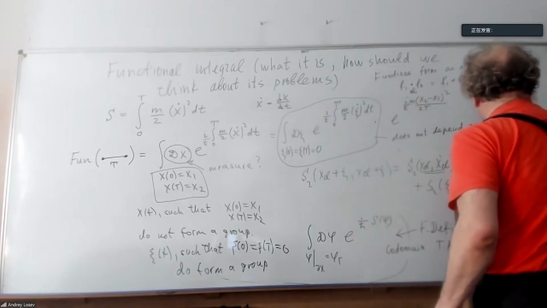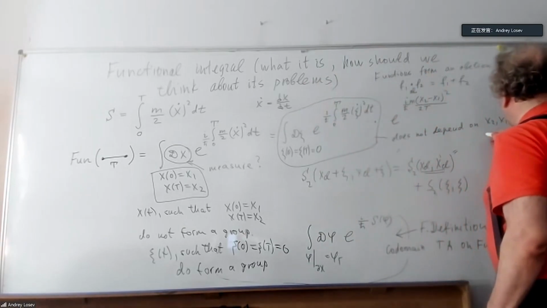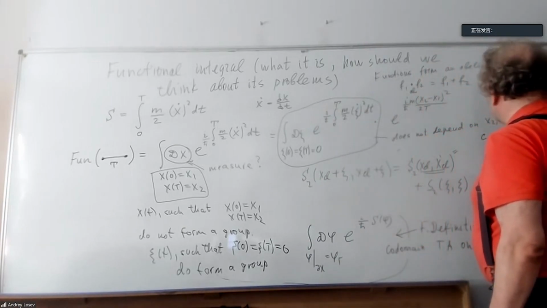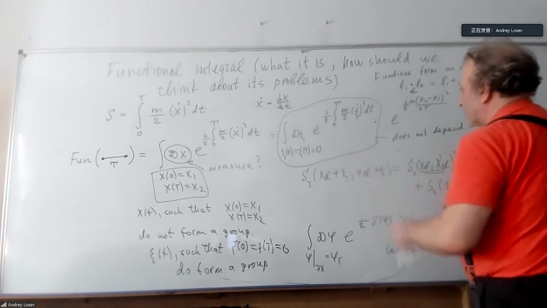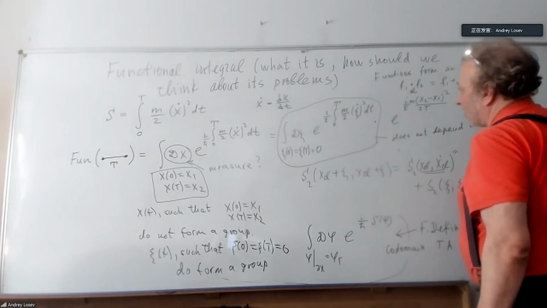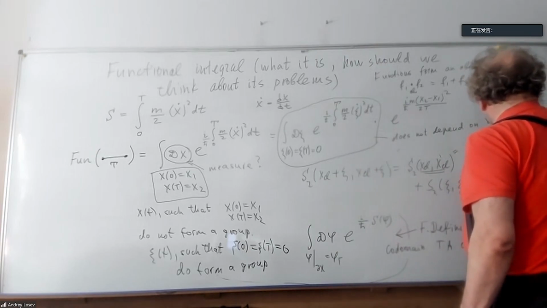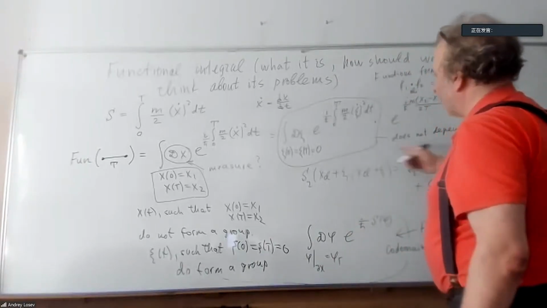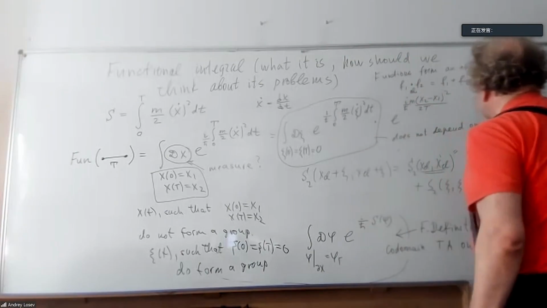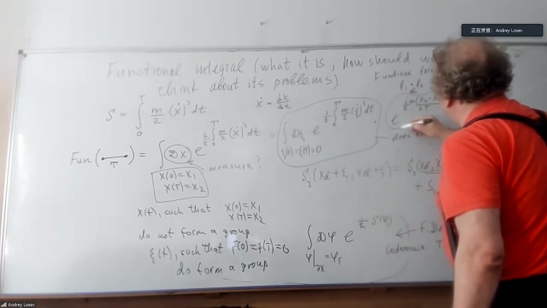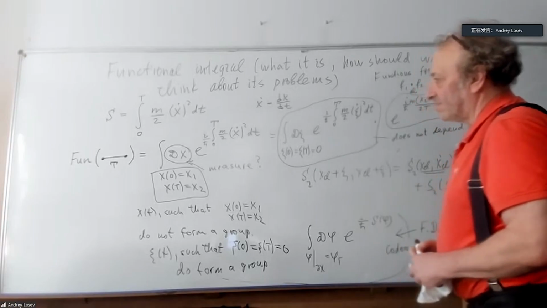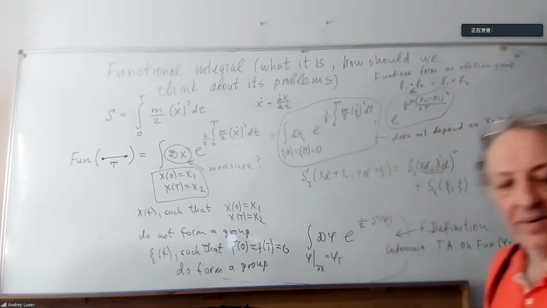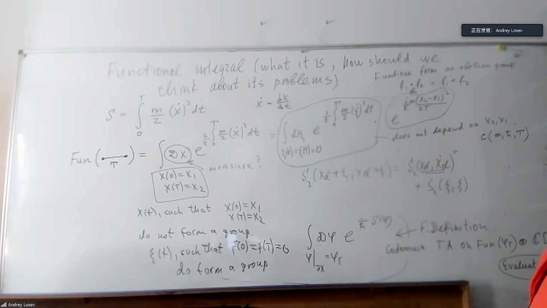So this term is some number C that depends on m, on h bar, and on T. That's it. And all the x dependence is here. Okay?